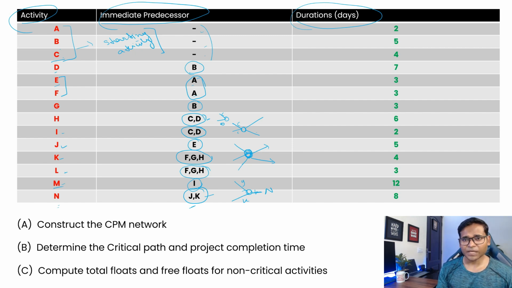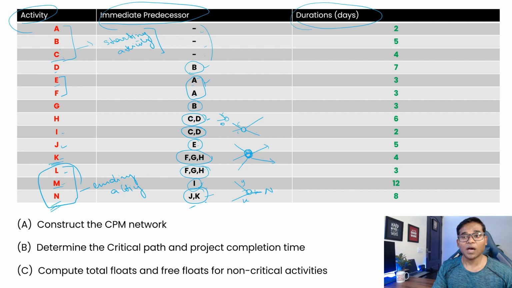Then another thing, if you see L, M and N, these activities are ending activities, right? Why am I saying that, and how do I know these will be ending activities? Because if you see the list of predecessors, you can see A, B, C, D, E, F, G, H, I, J, K. So till here all those activities are listed in the predecessors.